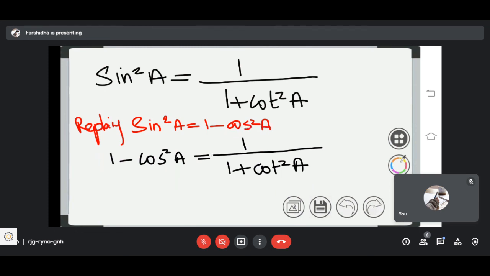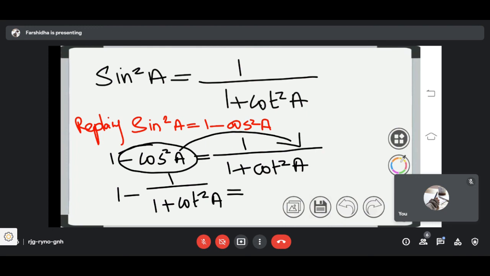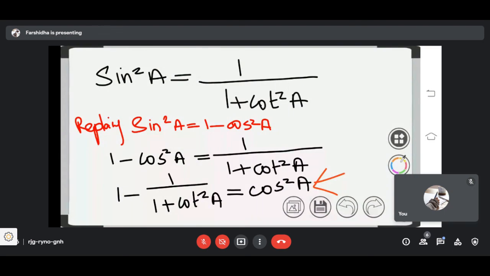That's why it is 1 minus 1 by 1 plus cot square A equal to, this minus cos square A I'm taking to the other side, so minus cos square A will become plus cos square A, equal to cos square A. So we got an equation for cos square A: cos square A is equal to 1 minus 1 by 1 plus cot square A. Okay, copy it fast.